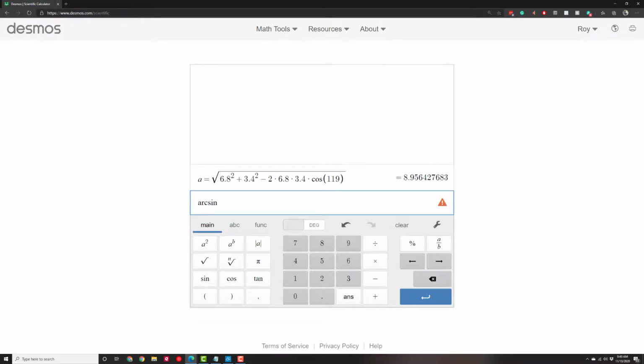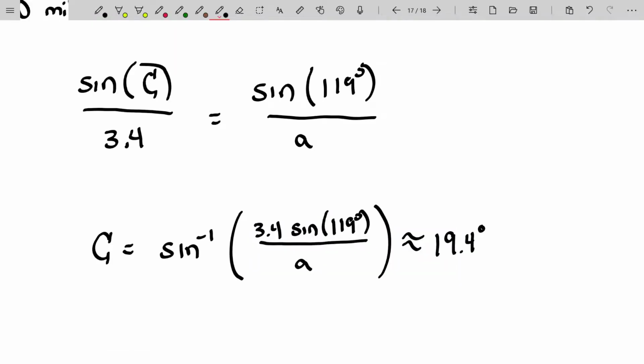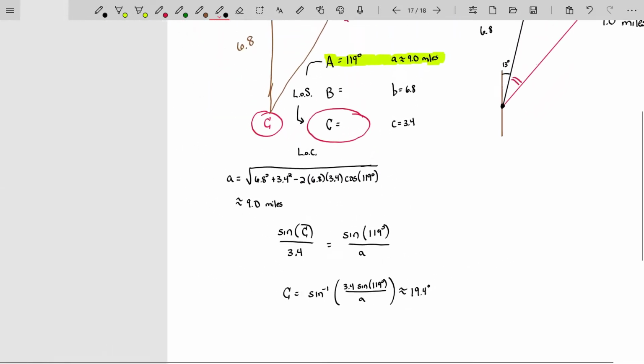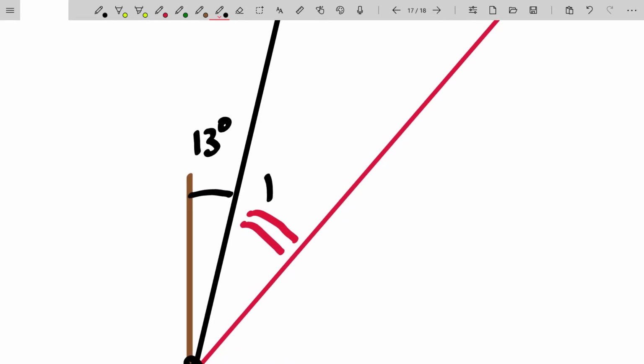Arc sine of 3.4 times the sine of 119, divided by A, and we get 19.4. So C is roughly 19.4 degrees. I'll insert that 19.4 right here, so we know it's 19.4 degrees.